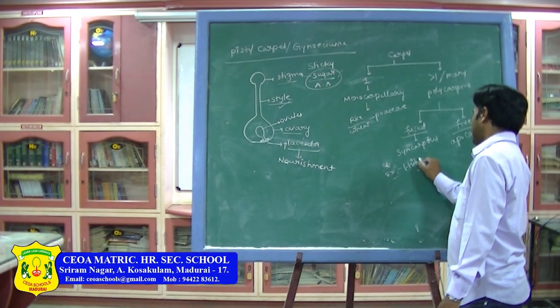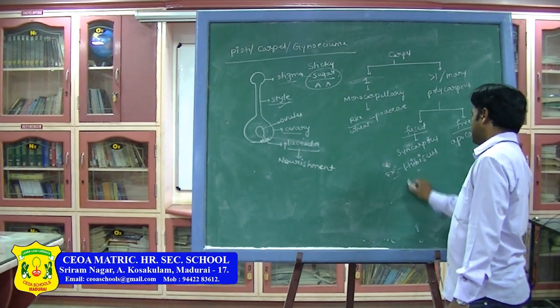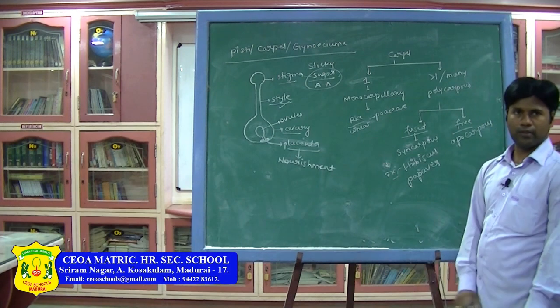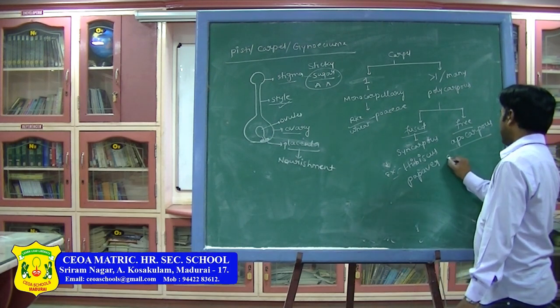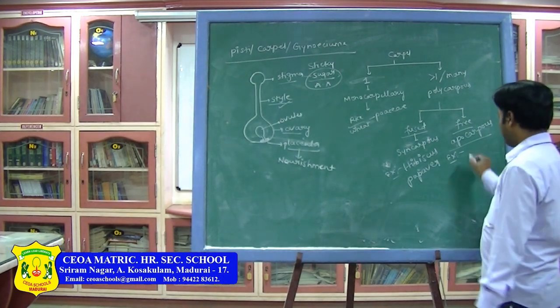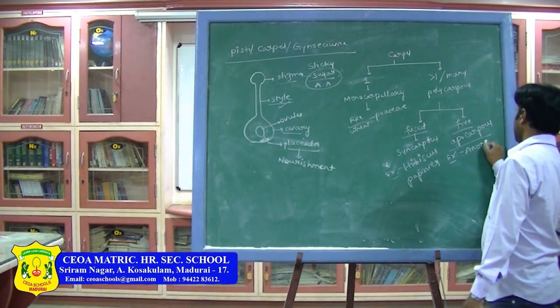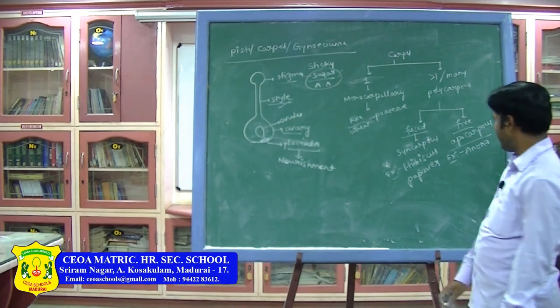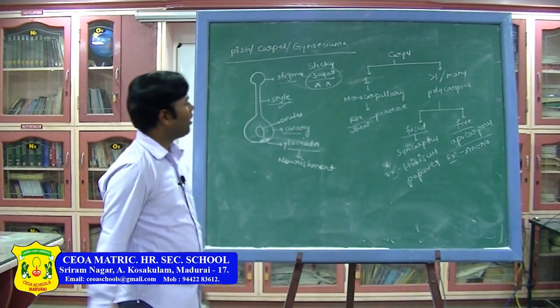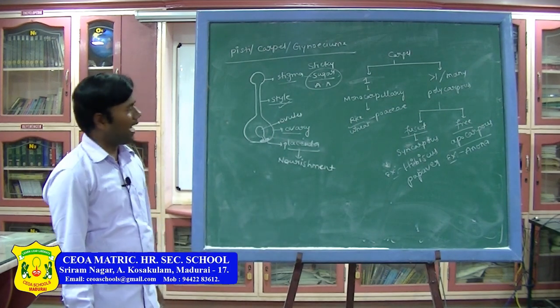Hibiscus, Papaver. What are examples of apocarpous? Annona, Michelia. These are the examples for syncarpous and apocarpous.